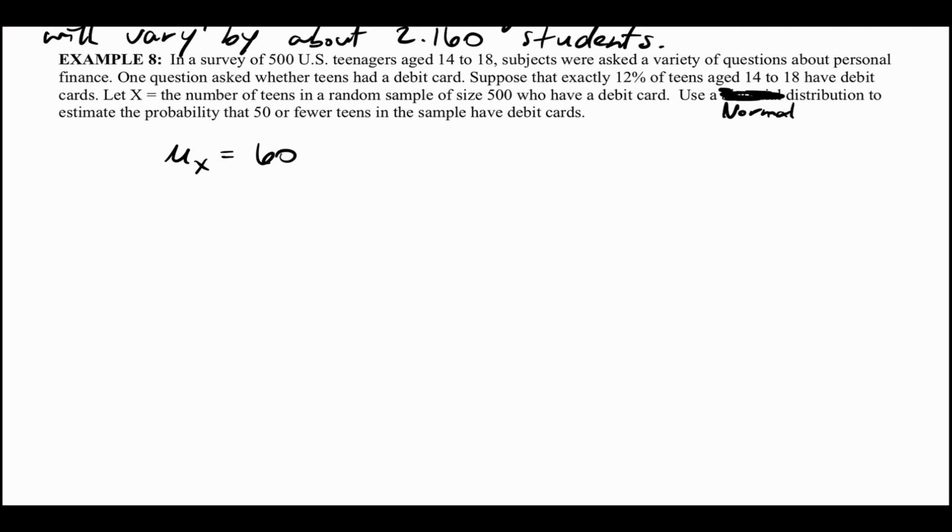Okay, so our expected value is 60, right? I choose one person. I have 59 now. 59 out of 499. What's that probability?